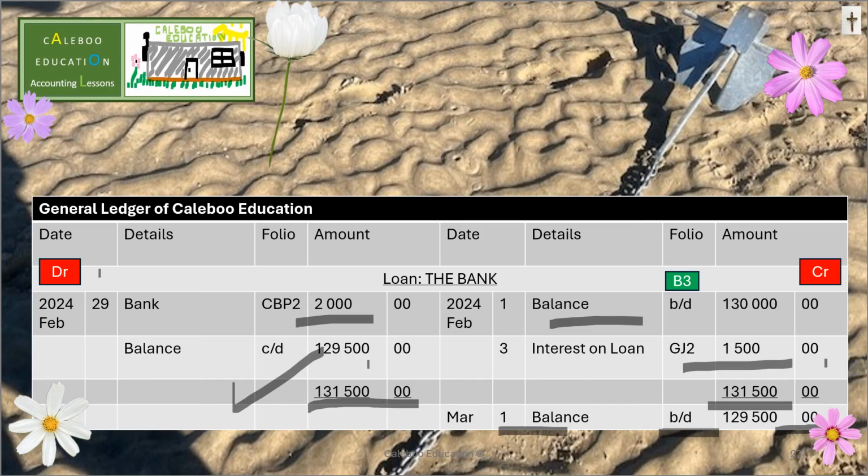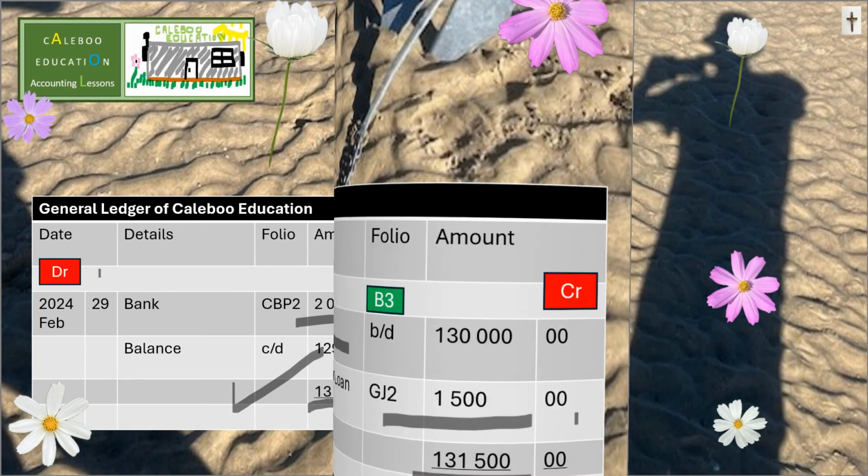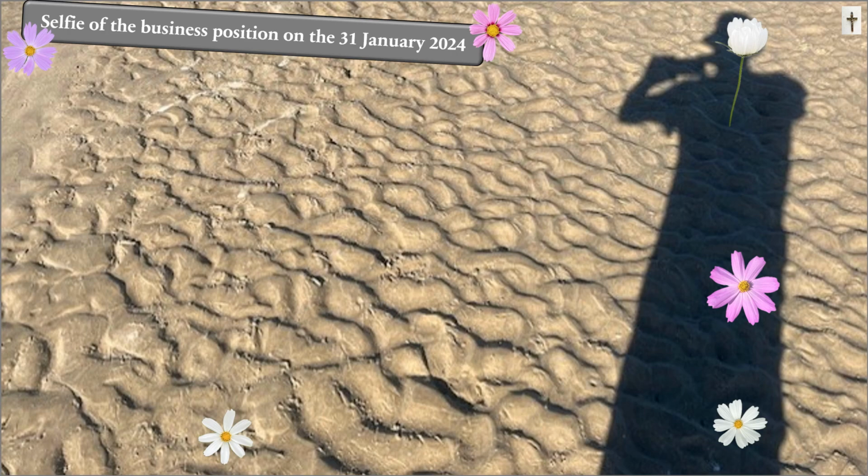That is the loan account balanced, and your first general ledger account balanced. Now we're going to move on to completing the whole general ledger of Calibre Education for the month of February. I just did the loan account as an example of how to balance a ledger account.